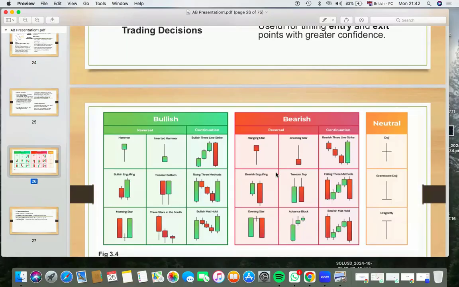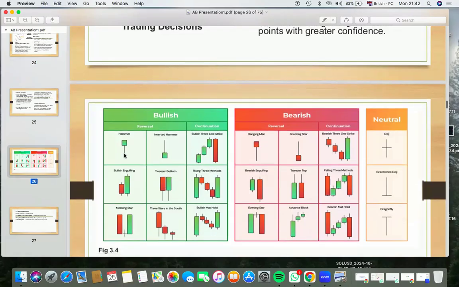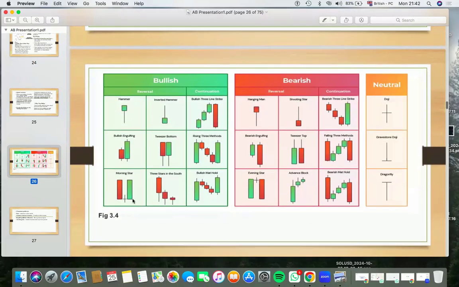The names of these candles are very important. You can see we talked about hammer, inverted hammer, bullish engulfing, tweezer bottom, and so on and so forth. They are very important to you when you want to start to analyze the charts.